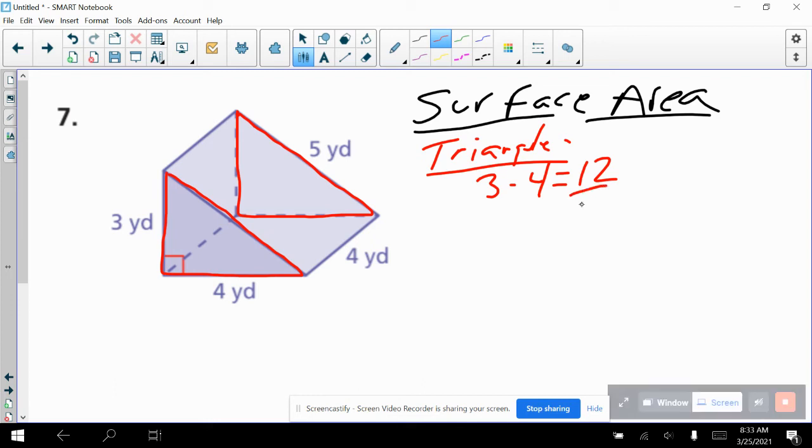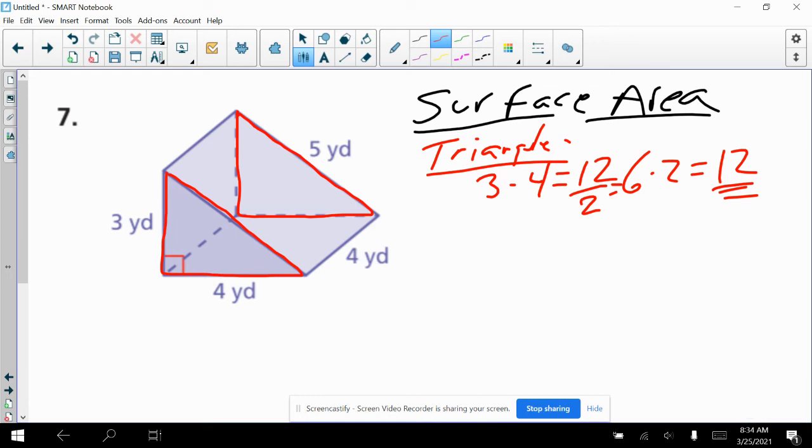See, very good. Triangle, you got to divide by 2. You'll forget that part. Nice job, Emma. Now, you have 2 of them, so yes, we go back to 12. I get that. Okay, but sometimes there may only be 1.